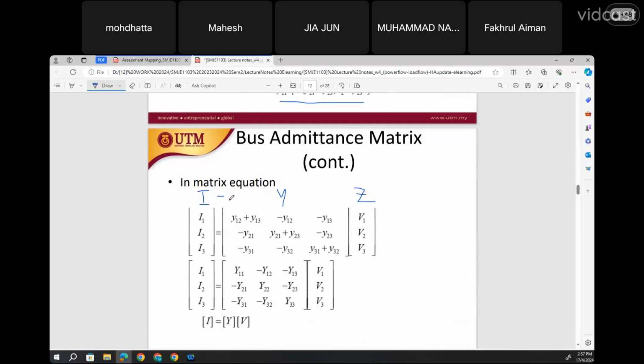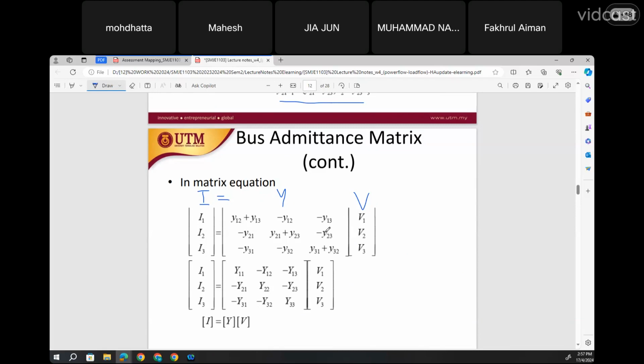In short, we can say this is Ohm's law: I equals Y times V. It is arranged based on the size of our admittance matrix.